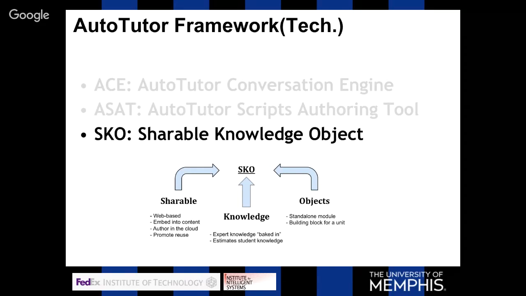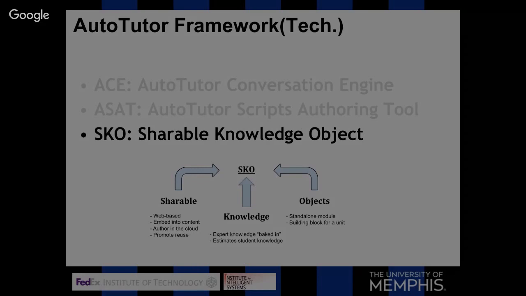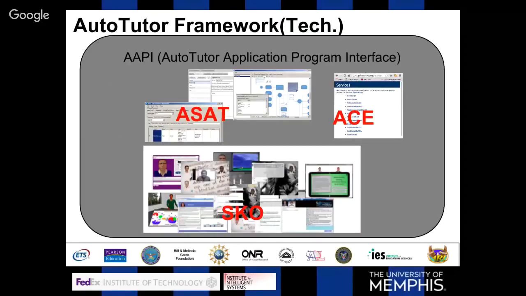One of them is from the US ONR, where I said, okay, let's use this to teach a student how to read scientific text in the STEM domains. So this is the AutoTutor framework. And again, those are agencies that are willing to fund our work.